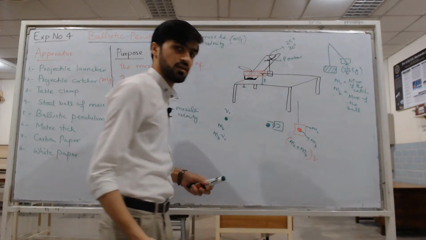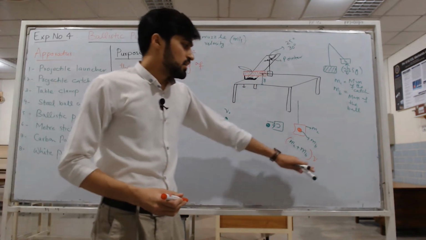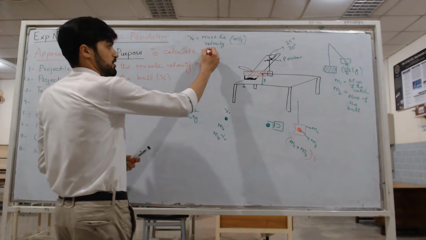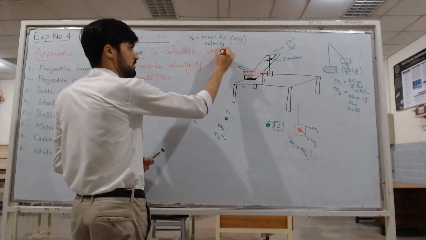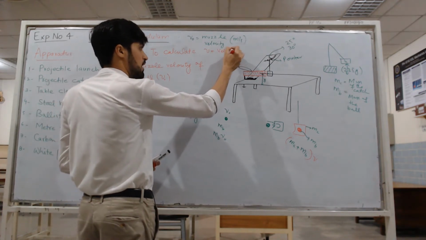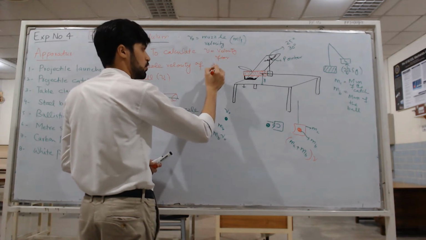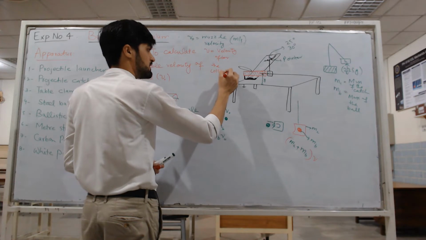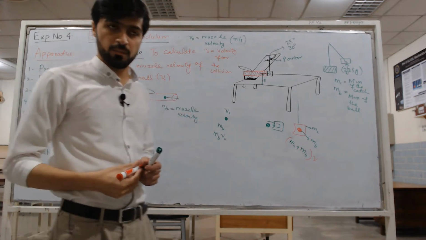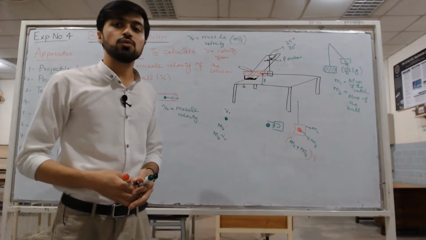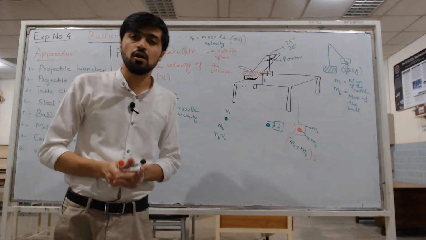It's just a representation: I am using v for the velocity after the collision. And it's an example of inelastic collision, because here some kinetic energy is converted into sound energy or thermal energy.